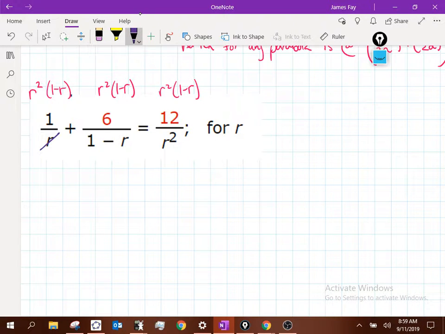So that R will cancel with just one of those, right? Leaves me R times 1 minus R times that one. Then in the second one, that 1 minus R is going to cancel with that 1 minus R, and it leaves me just an R squared times the 6.